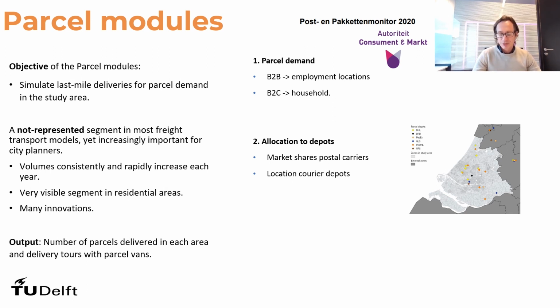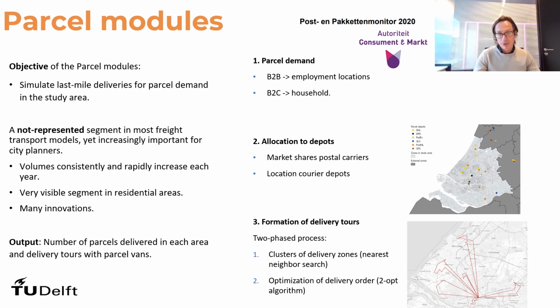Once we know this for each of the depots of the carriers, we can also start forming delivery tours in the same way as discussed earlier. Also the delivery of parcels is done in round tours. What we do is we have implemented a two-phased procedure. First, we build clusters of delivery zones using nearest neighbors search, and we form clusters of zones that together have a parcel demand that matches the capacity of the delivery vehicle.